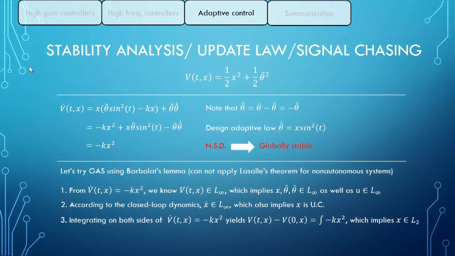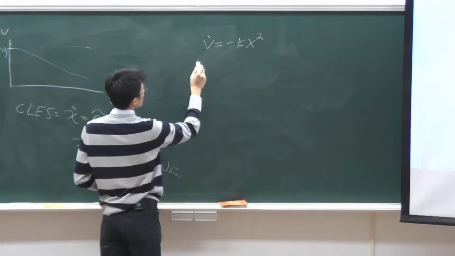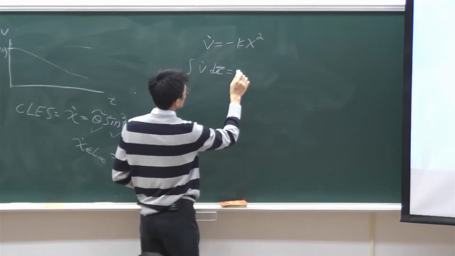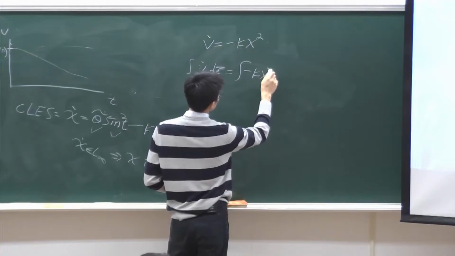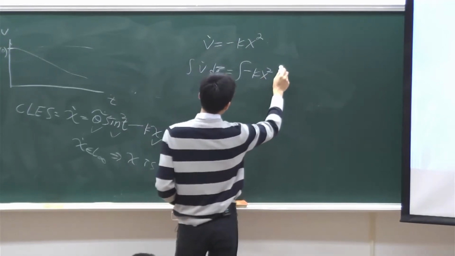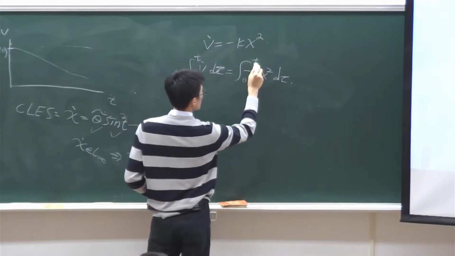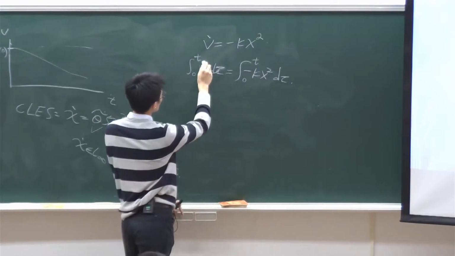How to prove that: you can utilize this equation, v dot equal to minus k x squared, and integrate it. You integrate v dot from 0 to t, integral of minus k x squared d tau.